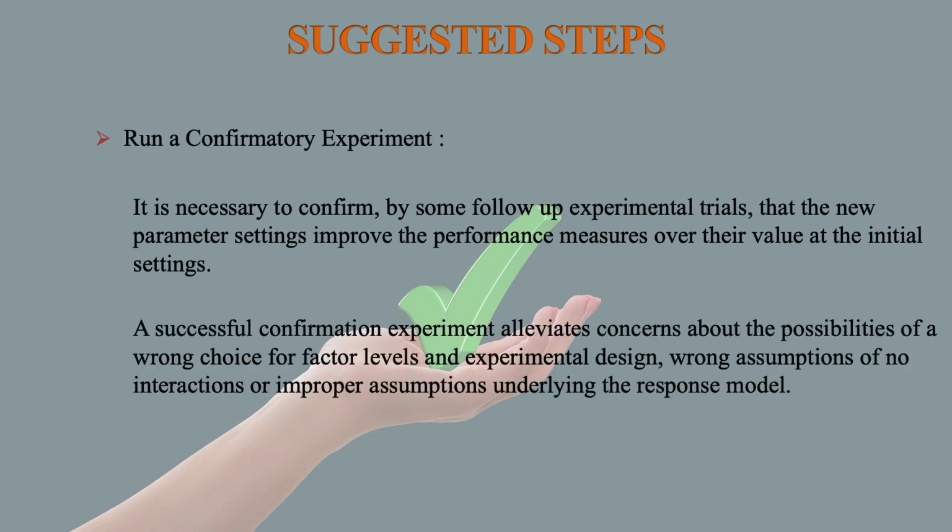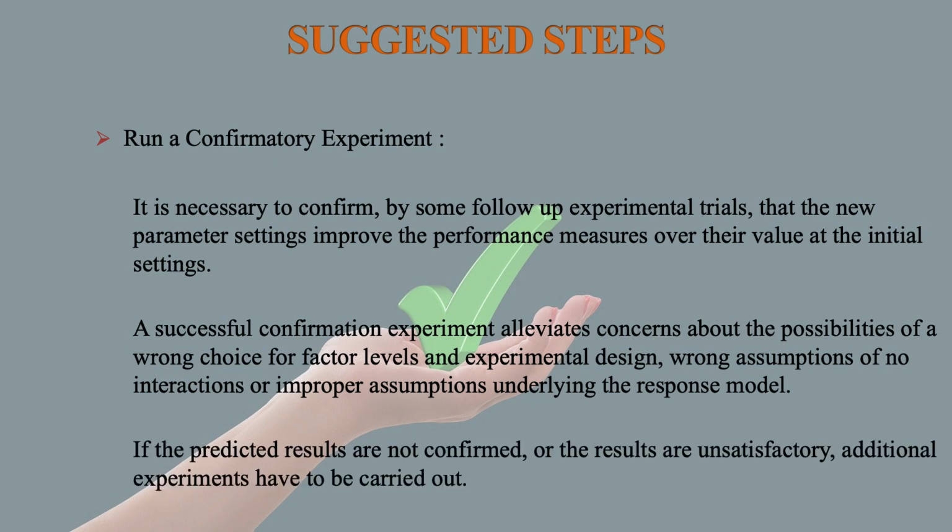A successful confirmation experiment alleviates concern about the possibility of a wrong choice for factor levels and experimental design, wrong assumptions of no interactions, or improper assumptions underlying the response model. If the predicted results are not confirmed or the results are unsatisfactory, additional experiments have to be carried out.